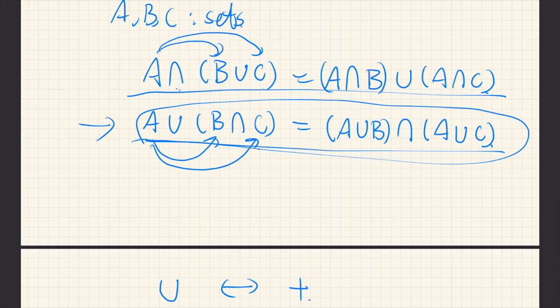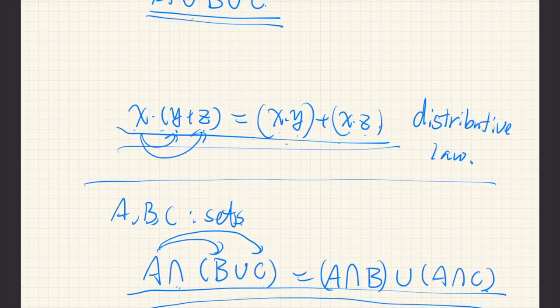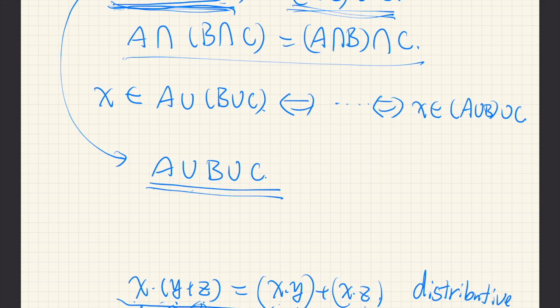So in mathematics, it is often useful to compare the similarities or differences between new concepts and the concepts you already know. In this case, we had distributive law and commutativity and associativity.